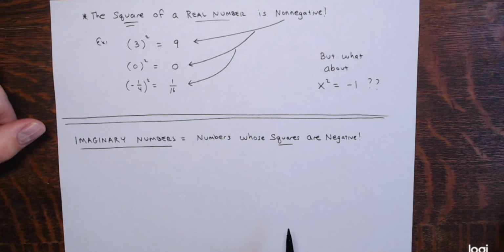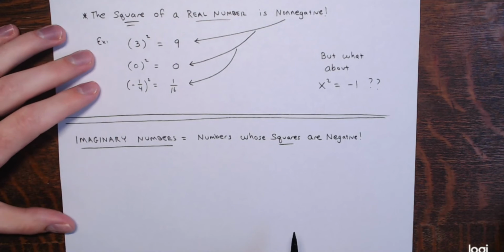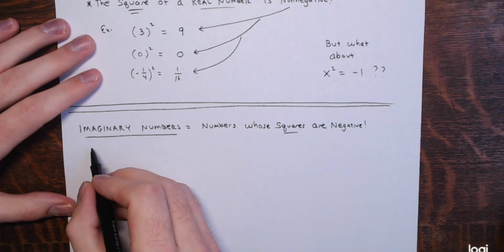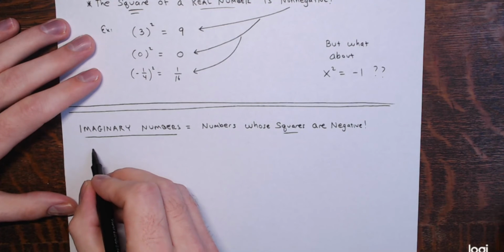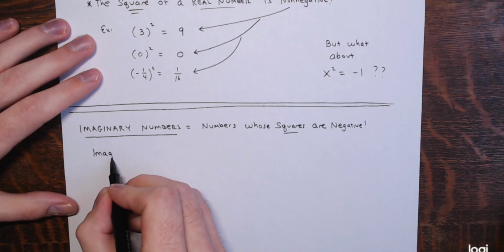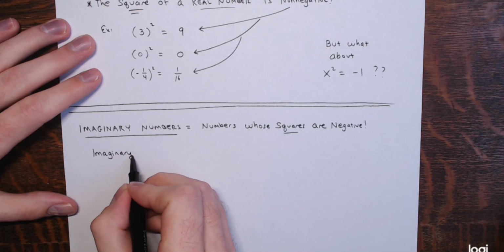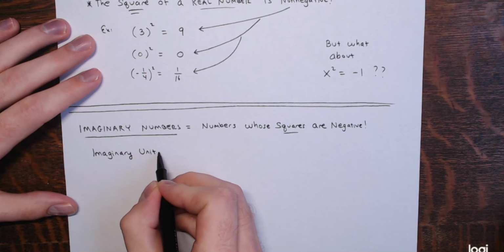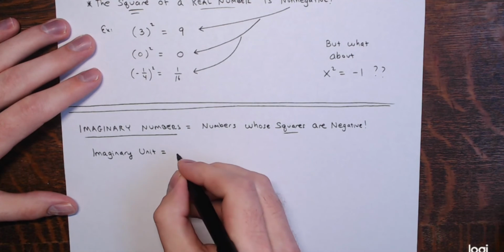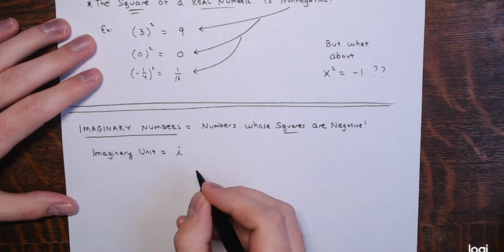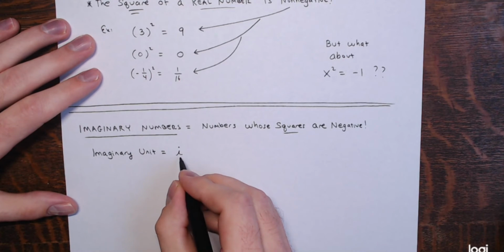And the most basic imaginary number is called the imaginary unit. This is given the symbol i, a lowercase i, for imaginary unit.